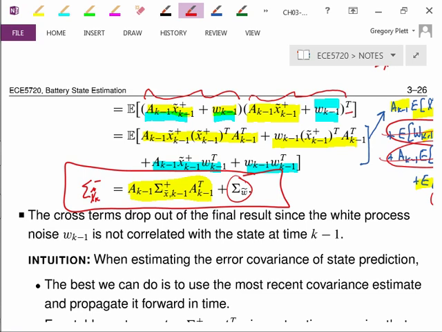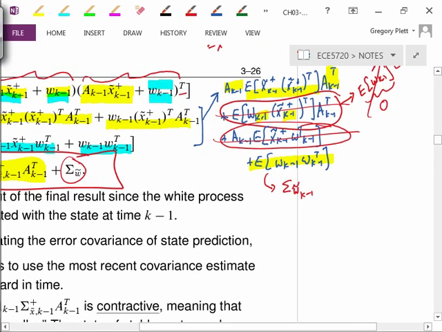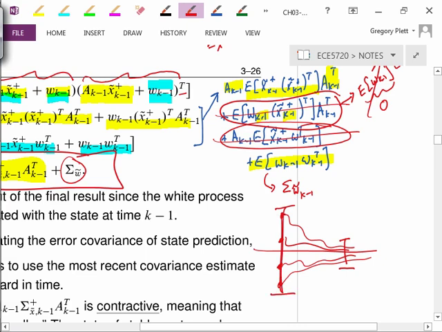First thing is, if we have a stable system, the A matrix is contractive, which basically means that your state is collapsing towards 0. And if I have some state versus time, it might be here, but it's collapsing towards 0, or here, collapsing towards 0, or there, collapsing towards 0. The main point is that over time, the uncertainty is getting smaller.